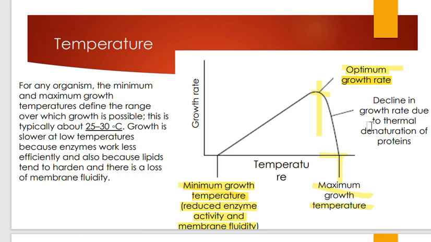So when you say thermal denaturation, most of the proteins present in your microorganisms, as well as the nucleic acids, will be denatured, or mamatay sila, due to exposure to higher temperature. So that basically explains why most of your microorganisms will decline or die at higher temperature.